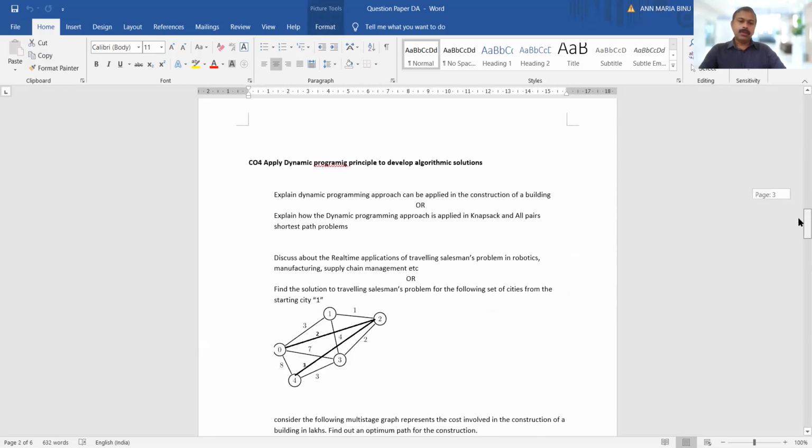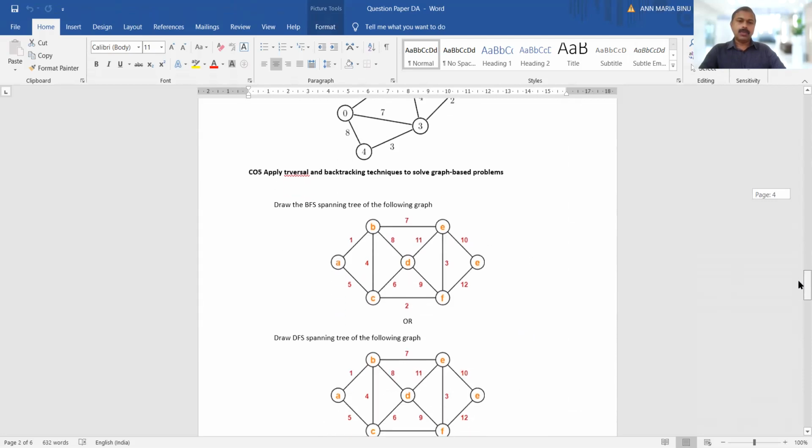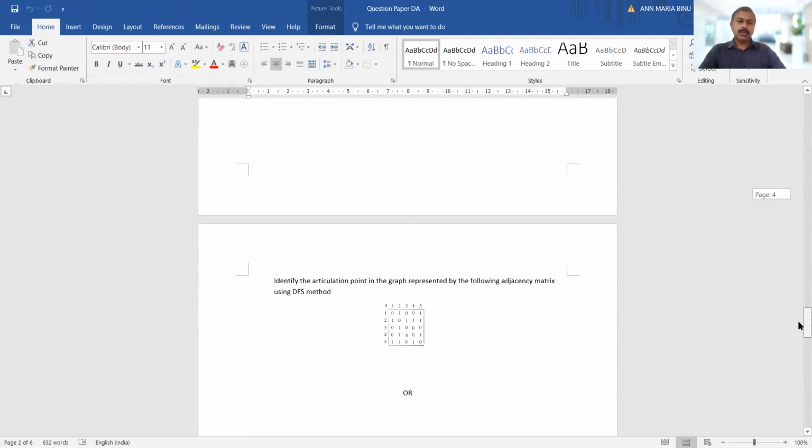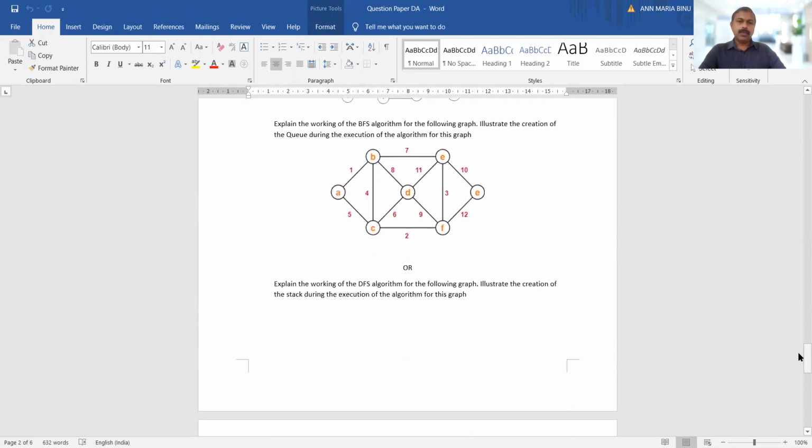And also I will show you a few more examples of higher levels of Bloom's taxonomy. This is a higher order question: explain the working of the breadth first search algorithm in the following graph.